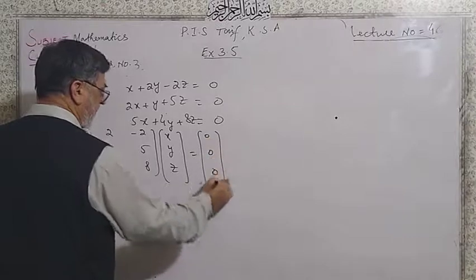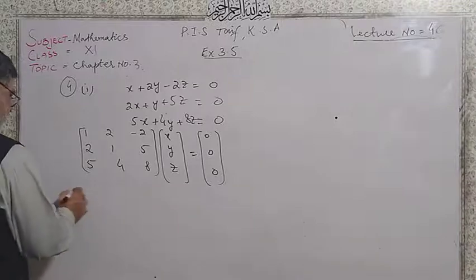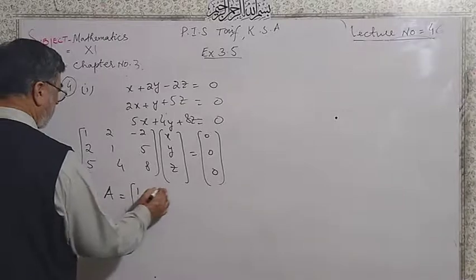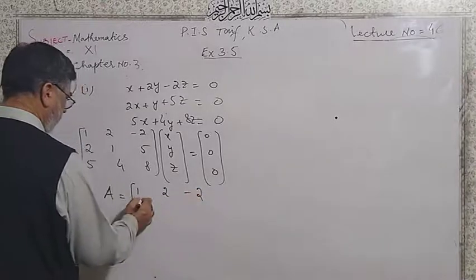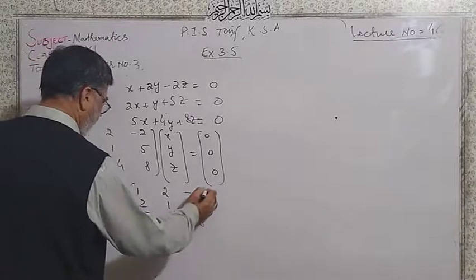The last one is the column matrix of constants, that is 0. Name it as A. Let A be equal to 1, 2, minus 2; 2, 1, 5; 5, 4 and 8.